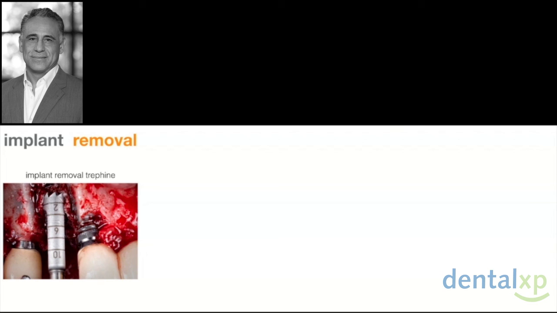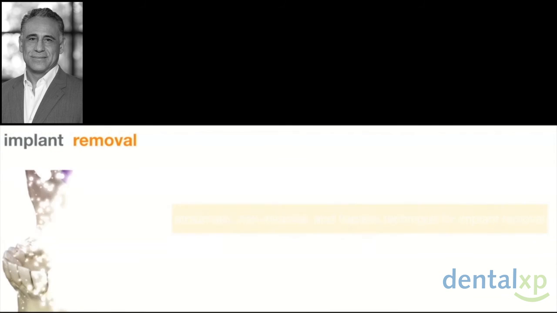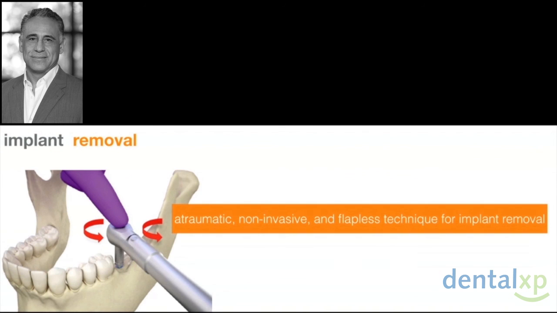Of course, the previous techniques of using the trough fiber to remove implants is really no longer an accepted technique. It's entirely way too traumatic, and we need to adopt the newer techniques, which provide for an atraumatic, non-invasive, and flapless technique for the removal of the implants.